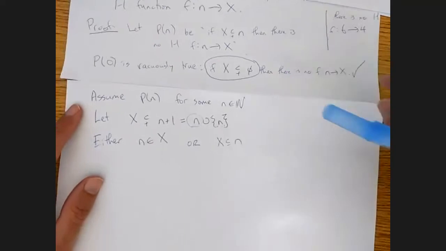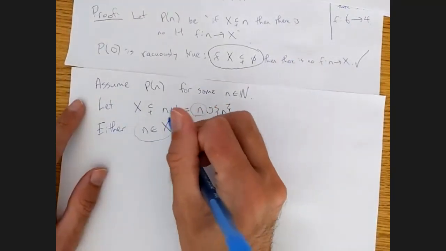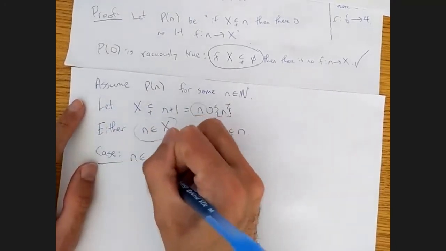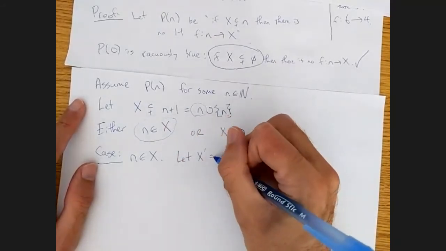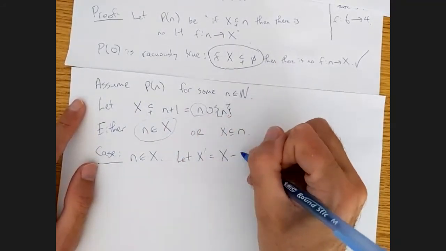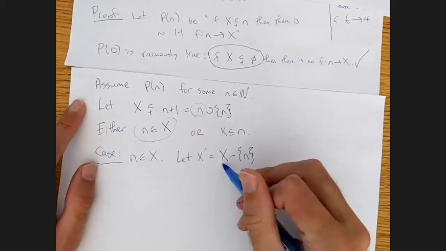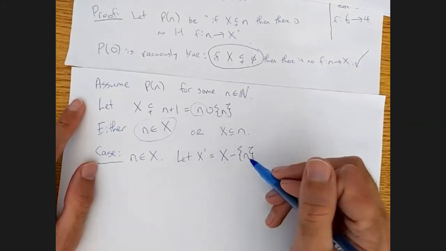Okay. So actually this turns out to be the easier thing. So if n is an element of x, let x prime just be, take all the elements of x except for n.